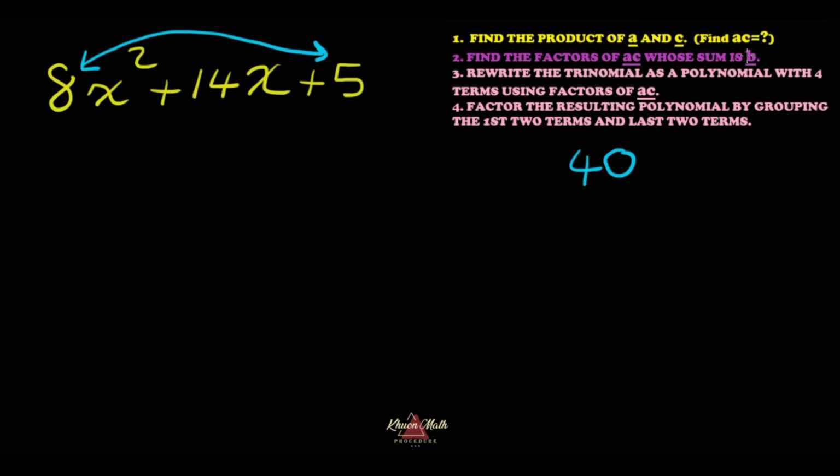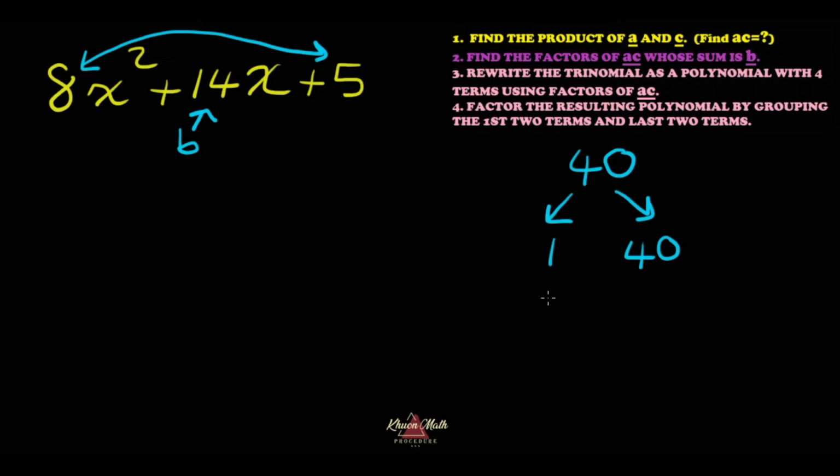But when you add those 2 numbers, it comes out to 14, because your b right here is 14. You can go through a whole process of how to come up with those 2 numbers. Okay, so we can think of 1 times 40. 1 times 40 is 40, but when you add 1 plus 40, that's 41. So that's not close to 14.